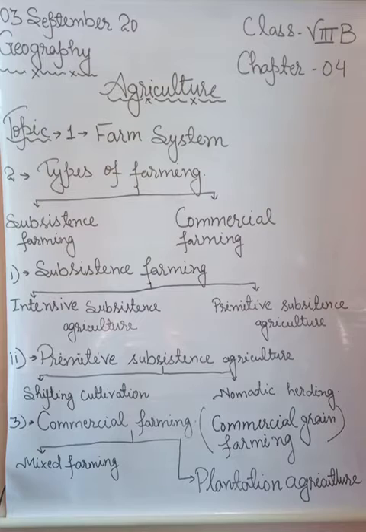So students, subsistence farming is a type of farming which is practiced by farmers to fulfil their needs and requirements and also to feed their family. And students, in this type of farming, farmers traditionally use a low level of technology and family members as labor in the agriculture field, and they use a very small plot of land to grow a small output.